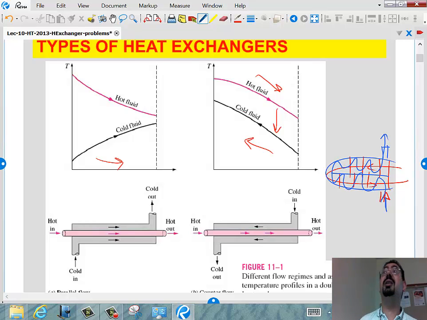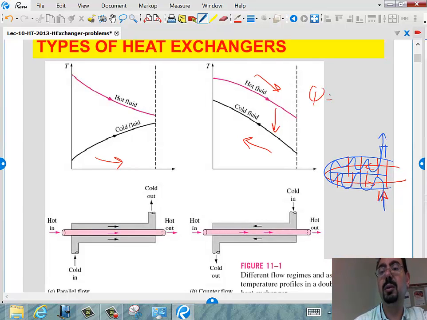And that power plant in Jinx that we went to, those heat exchangers are as big as this room, from this side to that side. So you want the area to be small for the same Q.